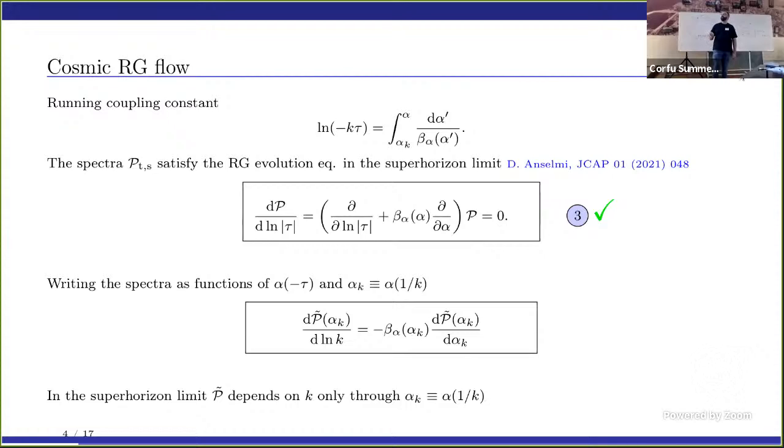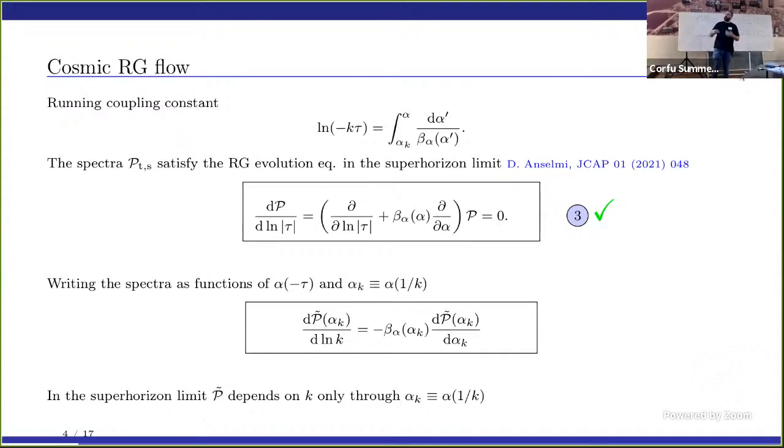This equation can also be rewritten by seeing the power spectra as a function of alpha_k and alpha. In the super horizon limit, the dependence on alpha, the running coupling constant, drops. This translates into the statement that the dependence of the power spectrum on k is just encoded in alpha: power spectra depend on k only through alpha_k, the running coupling constant evaluated at 1 over k.